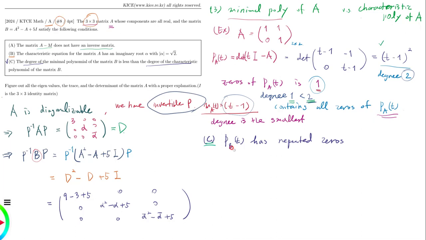And then all the zeros of the characteristic polynomial of matrix B are nothing but the diagonal entries of this diagonalized matrix. Okay, so in this case, the entry 1 and 1 is nothing but 11 here, a real number. And let me say those two entries are complex conjugates.